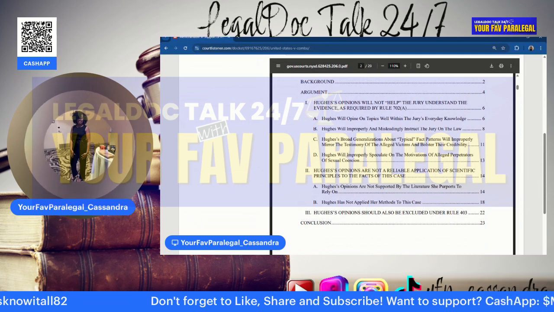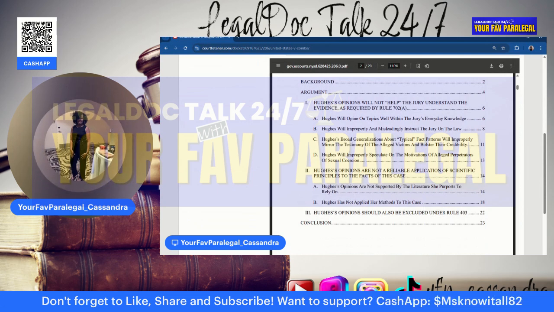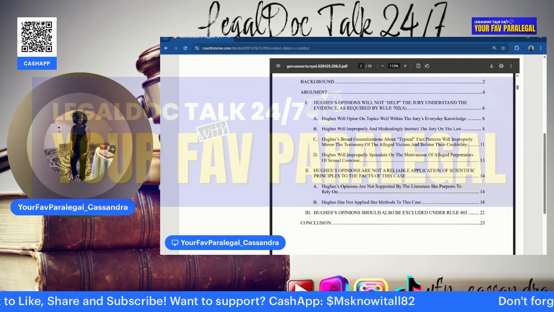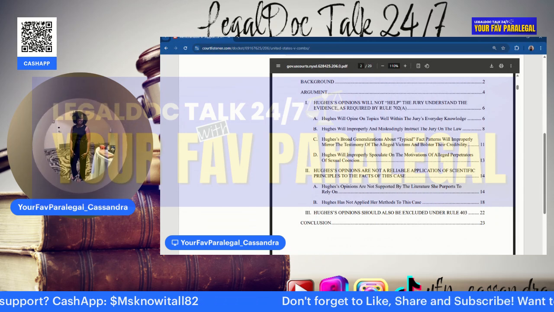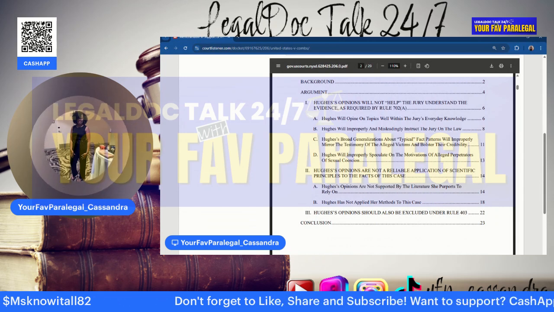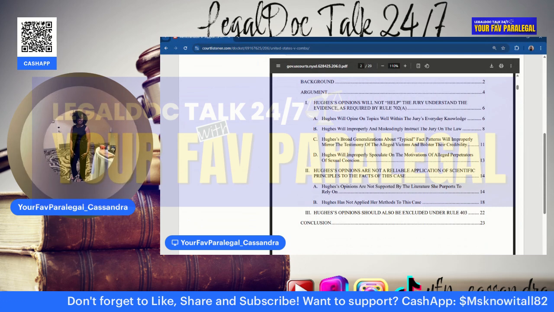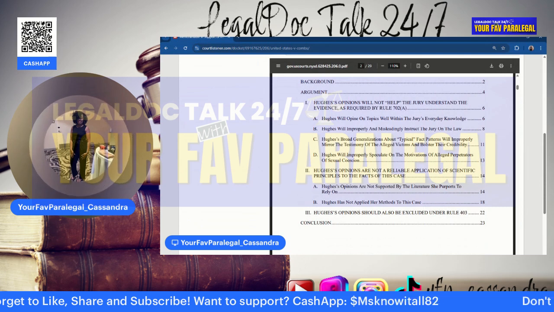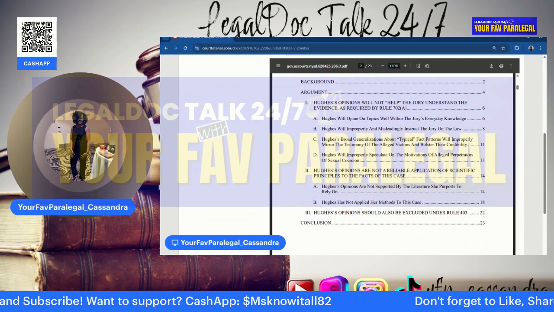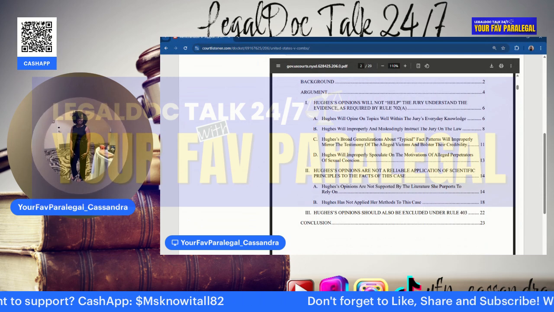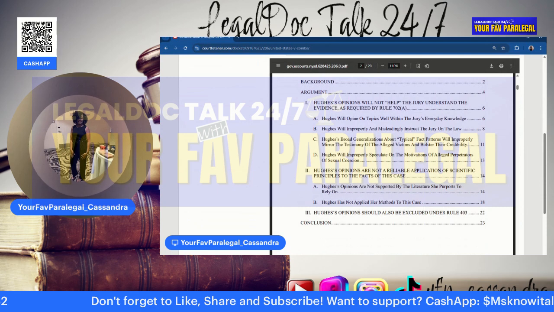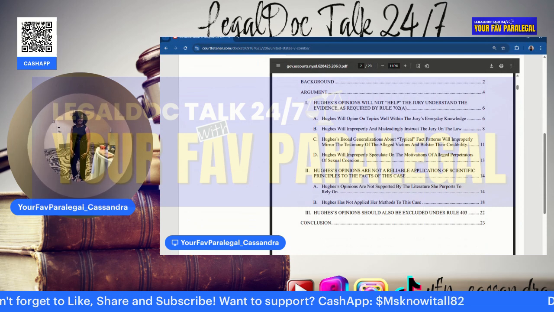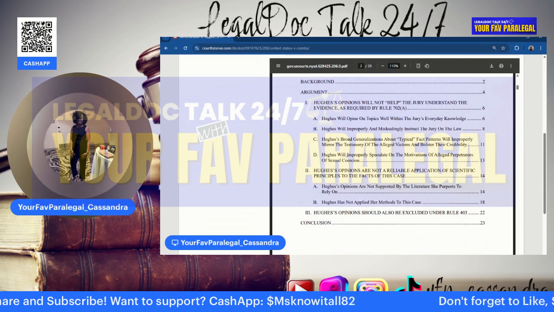The points under that were that Hughes will opine on topics well within the jury's everyday knowledge. Hughes will improperly and misleadingly instruct the jury on the law. Hughes' broad generalizations about typical fact patterns will improperly mirror the testimony of the alleged victims and bolster their credibility. Hughes will improperly speculate on the motivations of alleged perpetrators of sexual coercion.